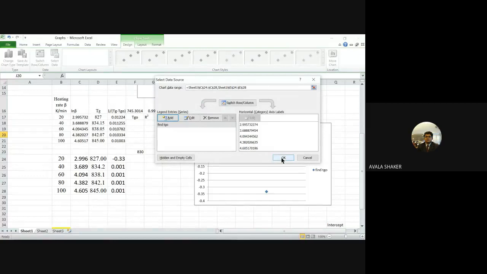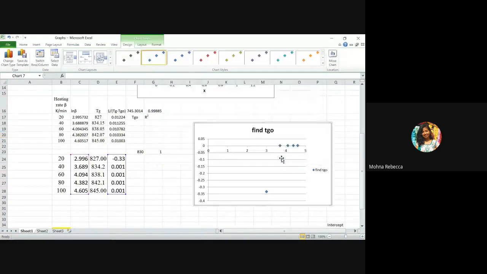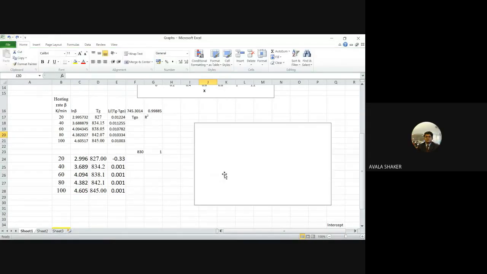Sir, in the y-axis, apart from the first entry, in the formula we have to fix this F23, right? I think it is not fixed. Oh, sorry, yes. So we should put a dollar sign.